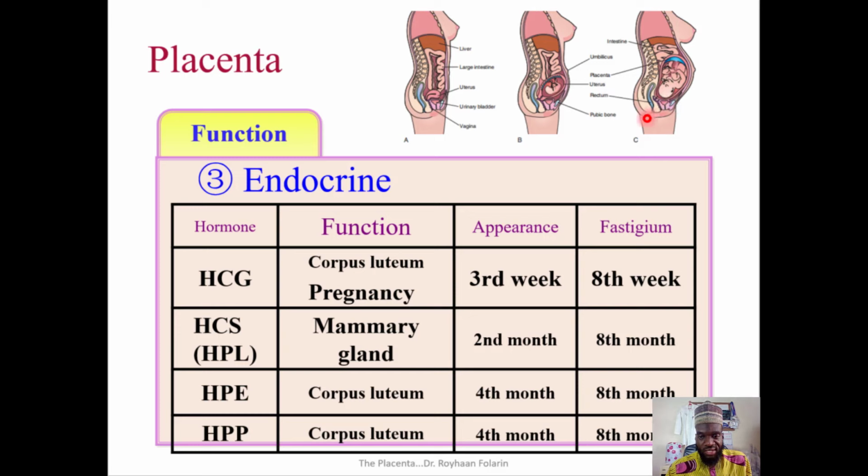So you should note that as the conceptus enlarges, the uterus also increases in size in order to accommodate the rapidly growing fetus. And by the 20th week, the uterus and the fetus have reached the level of the umbilicus. Okay, and by the 30th week, they reach the epigastric region. So the mother's abdominal viscera are thereby displaced by this 30th week.